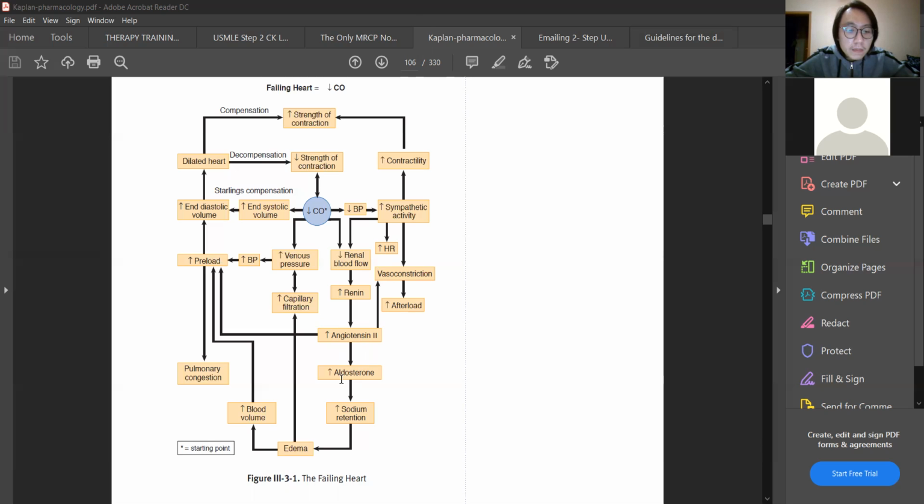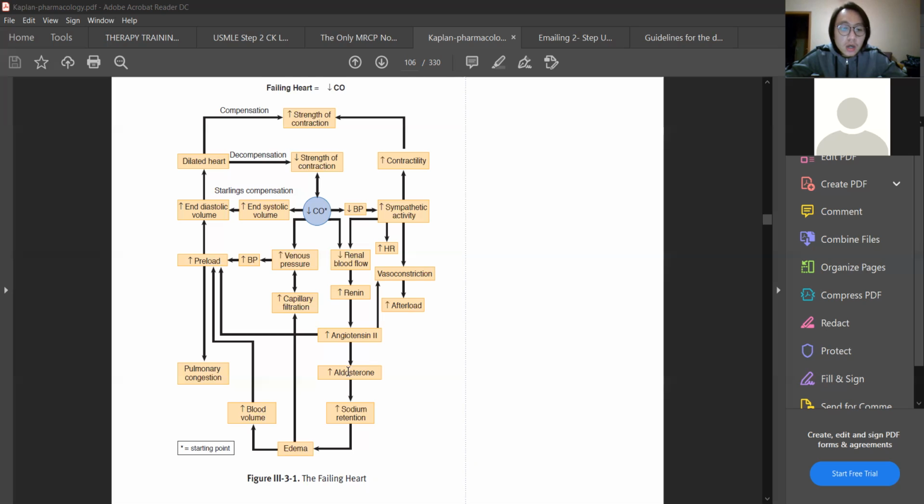So what effect does this cause? There are two main effects of the increase of all of these hormones, renin, angiotensin 2, and aldosterone. First, your tissue effects. Second, your plasma effects.